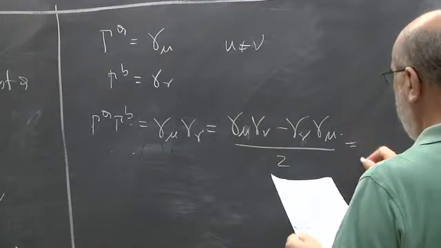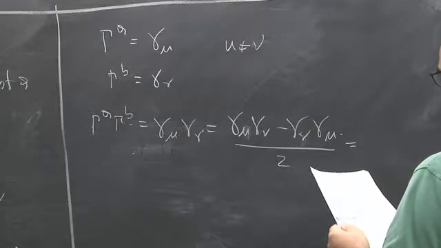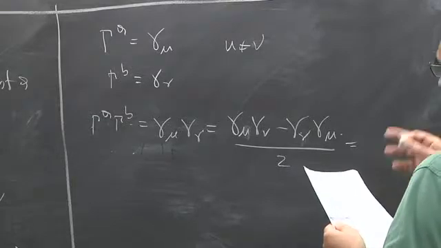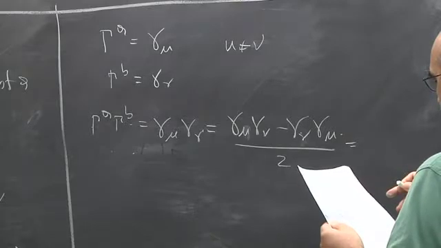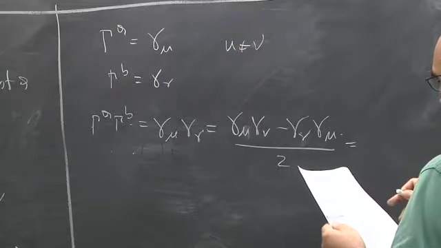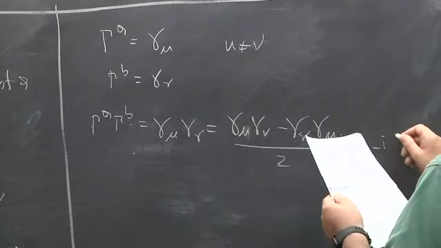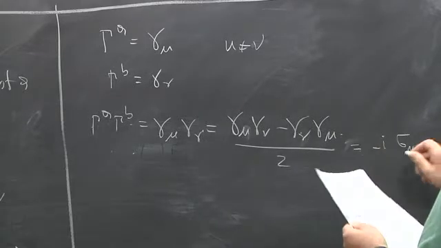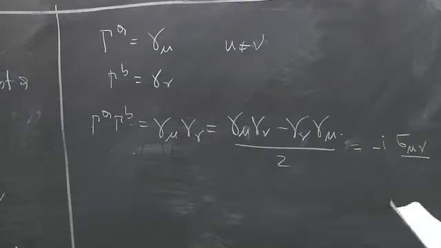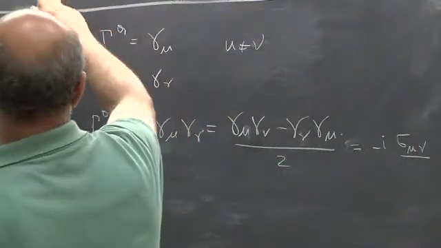But this one can also be, let's put it in this way. This one is also equal to minus i sigma mu nu, so sigma mu nu is one of the things.